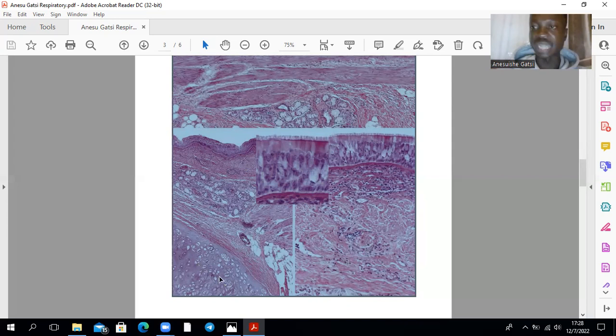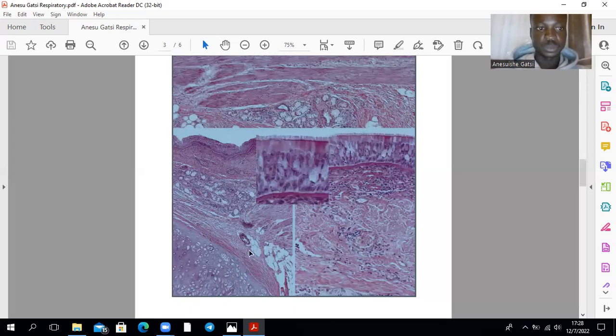If you remember how cartilage looks under the light microscope, this is tracheal cartilage. Then if you come this side, this here is a vein. That's a vein right there. So basically this is how the trachea looks.